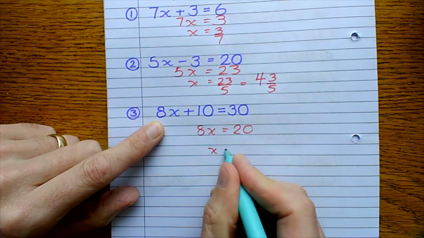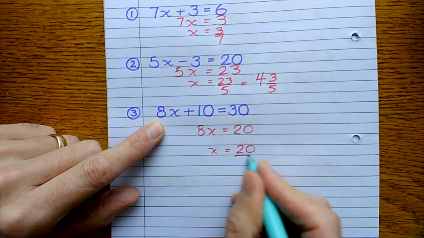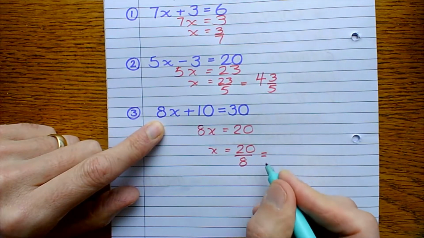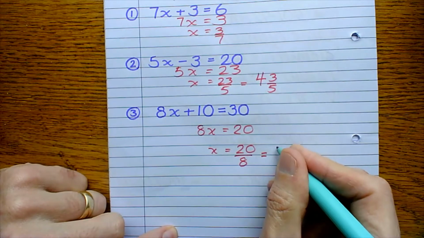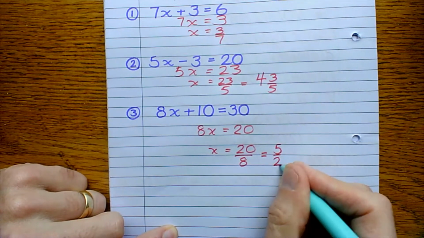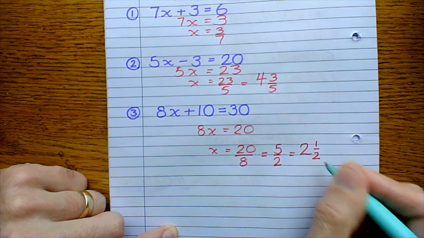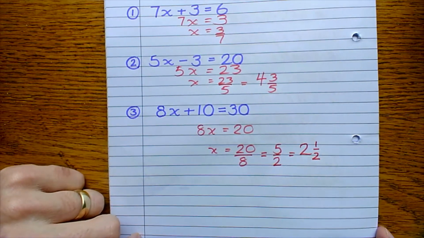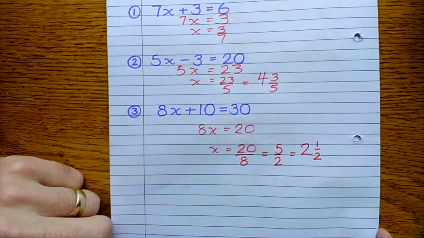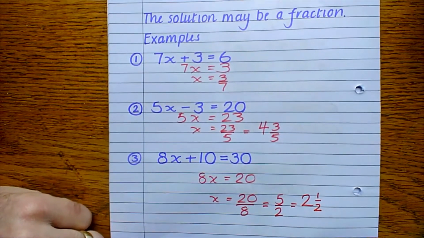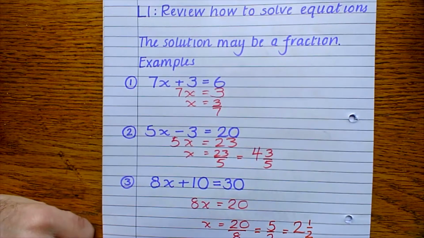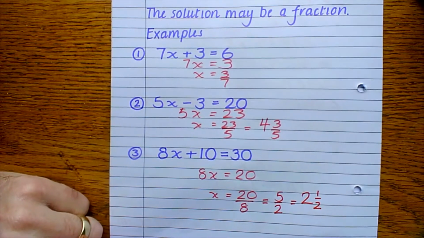So x is 20 over 8. I tend to like to simplify at the top heavy stage. That's going to be 5 over 2, which is 2.5. Okay, so we can have these three equations in our notebook just as reminders of how to deal with equations where the answers are fractions.